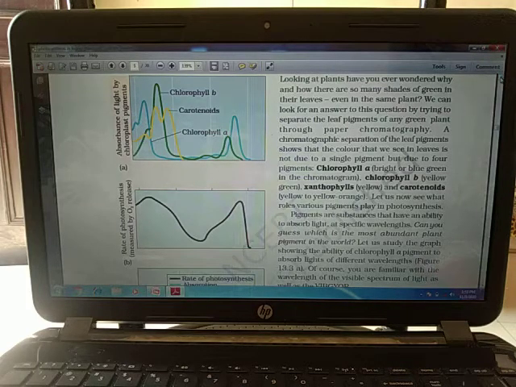So beta carotene, C40H56, plus H2O, will give 2 C19H27CH2OH, that is vitamin A.